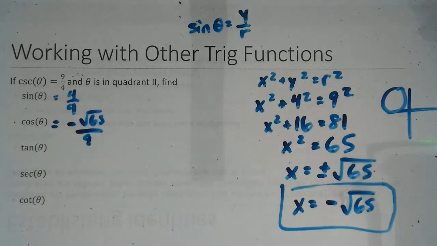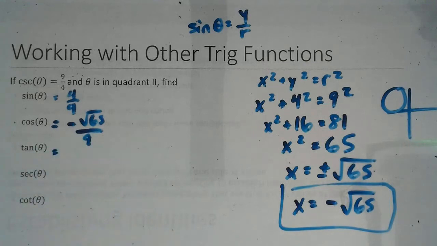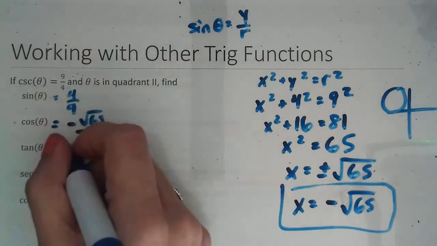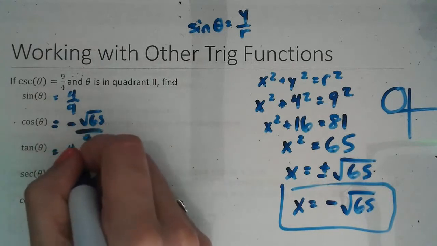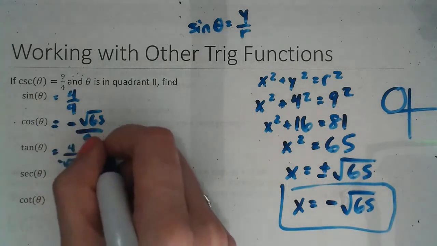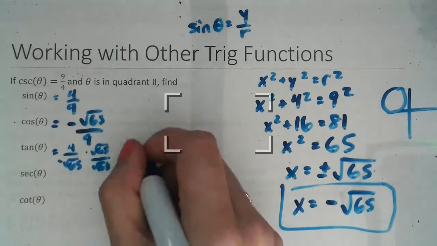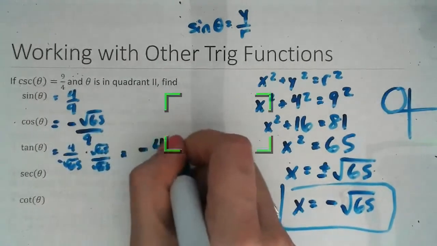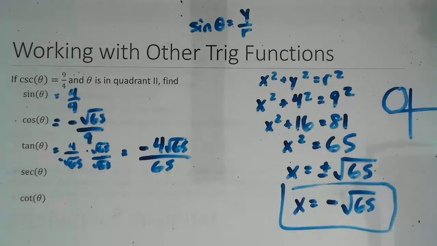Tangent is y over x, which will be my y value, 4, over my x value of negative square root of 65. I'm going to rationalize that by multiplying by the square root of 65 in my numerator and denominator, which leaves me with negative 4 square root of 65 over 65, and that doesn't reduce.